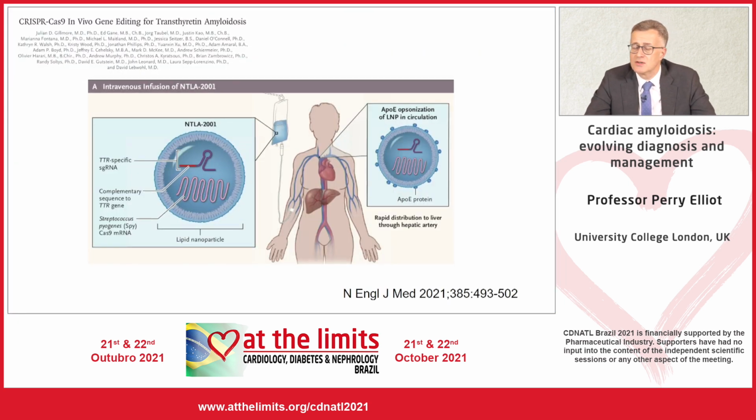But something which I think until relatively recently was science fiction: here you see the ability to actually alter gene expression directly through gene editing. In a study recently published in the New England Journal in 6 patients, exploiting the CRISPR-Cas technology identified in bacteria, we can introduce, using lipid nanoparticles injected into the circulation, a guide RNA targeting the TTR gene as well as a gene sequence which allows production of Cas9 within cells.